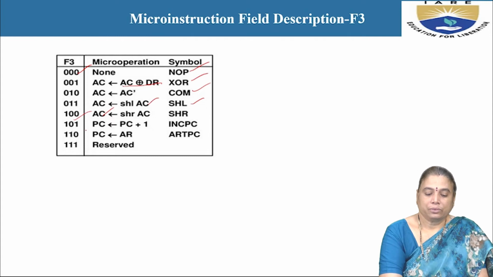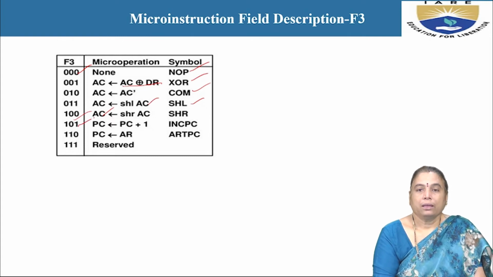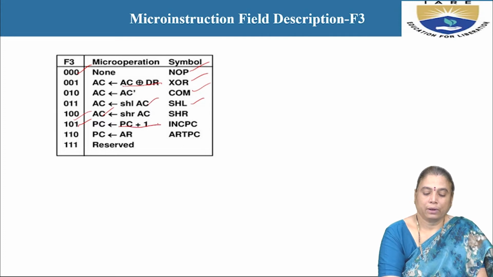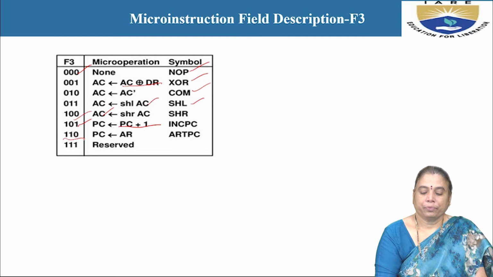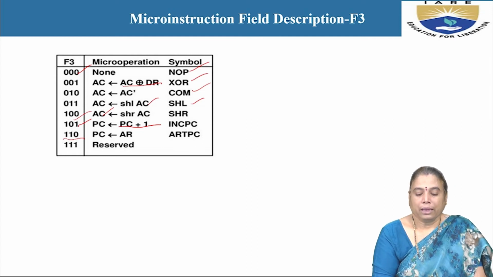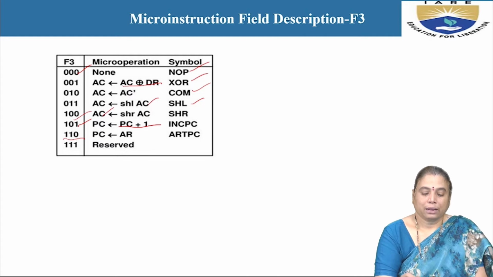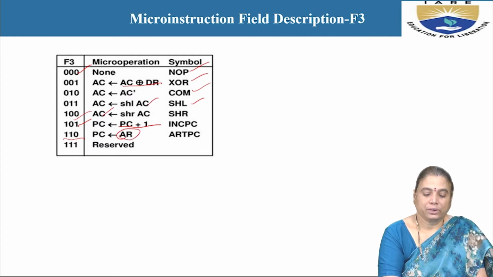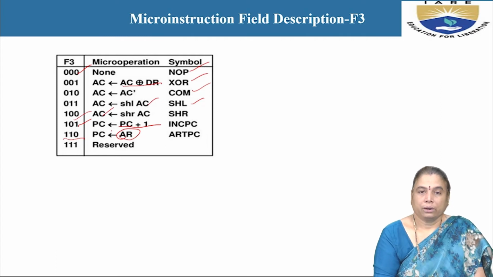If F3 contains 101, then INC PC increments the PC value by 1. If F3 contains 110, then AR to PC data transfer occurs. The content of the address register is moved to the program counter.